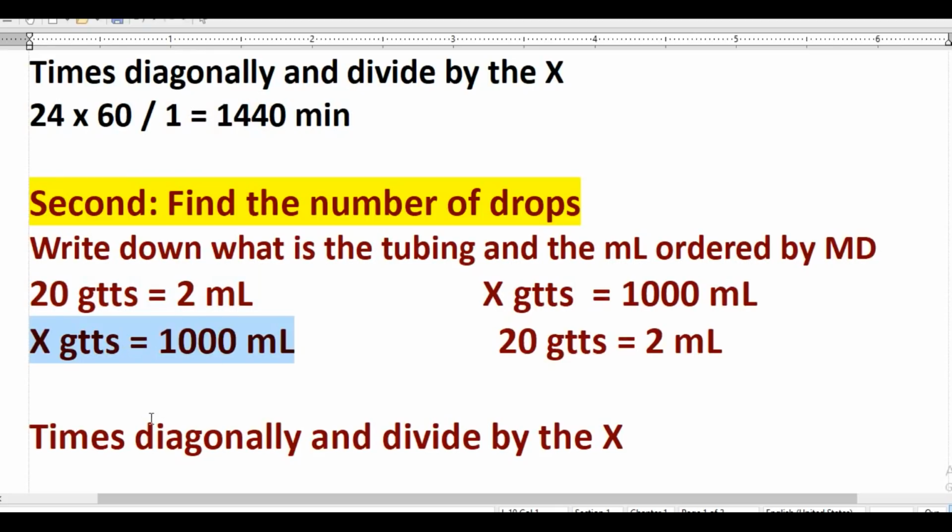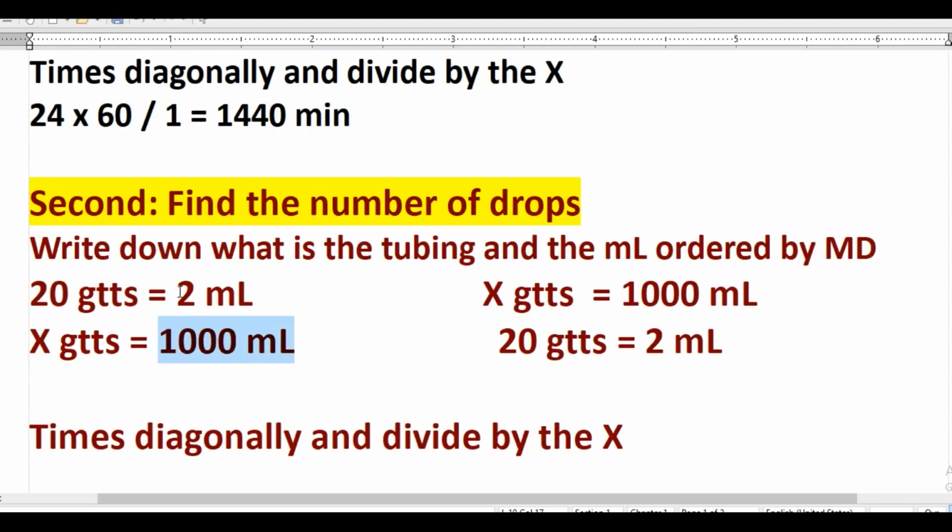Okay? Now we want to times diagonally and divide by the X. So we want to write it like this. 20 drops times 1,000 is 2,000, right? But we have to divide by 2.